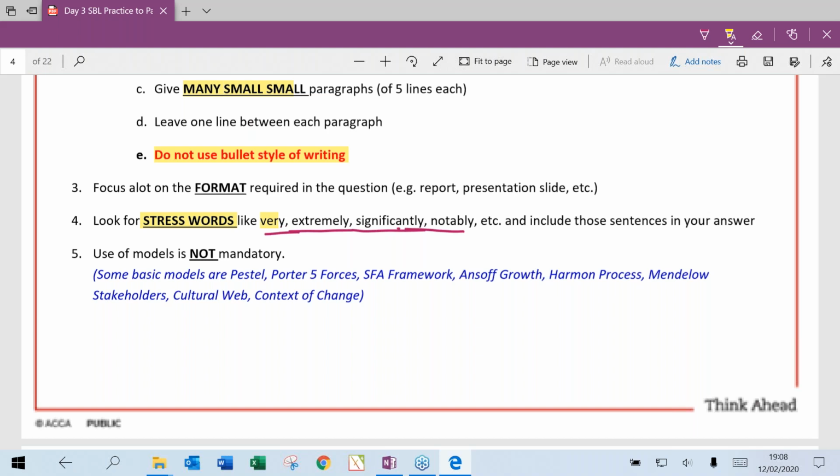You must just know the basic models, and I have given here a list of basic models. It is PESTEL, Porter's 5 forces, SFA, Ansoff growth matrix, Harmon process strategy, Mendelow stakeholders matrix, cultural web, and context of change model.